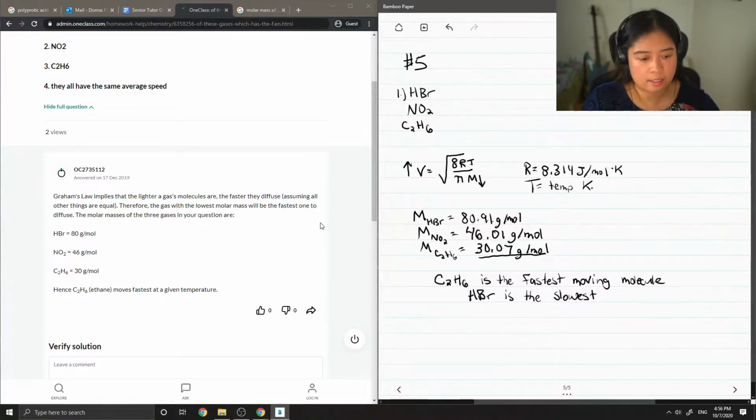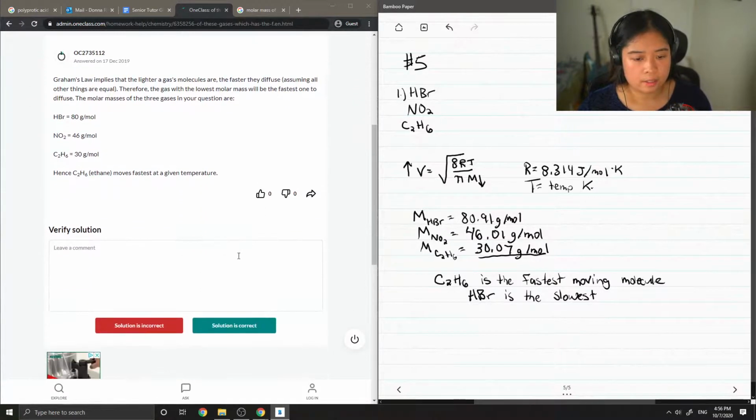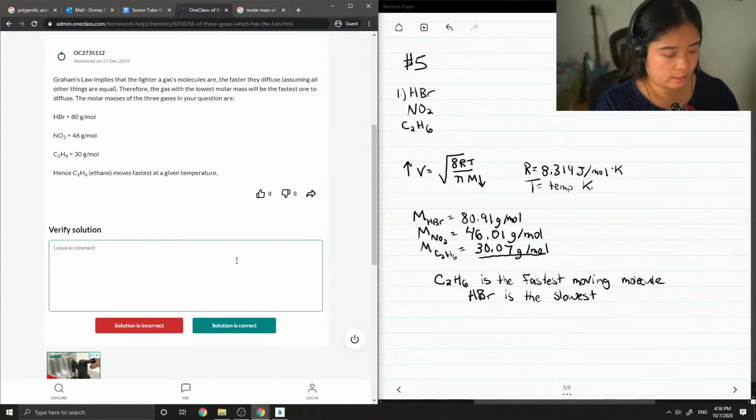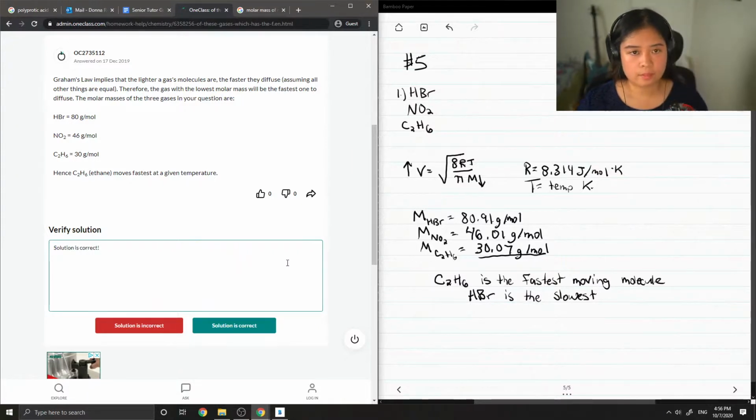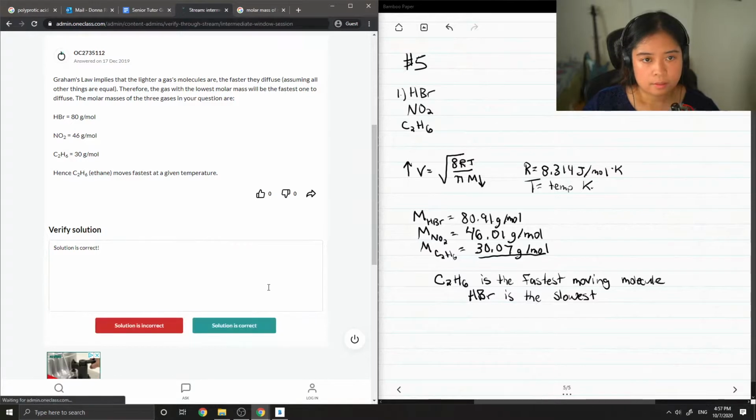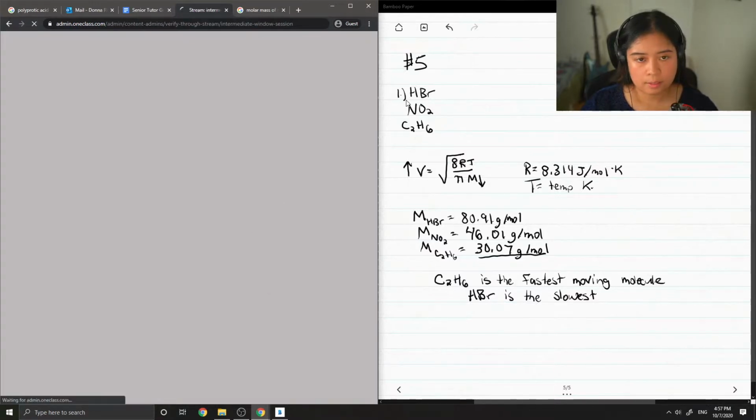Hence, ethane moves fastest at a given temperature. I'm just going to verify this. It is correct.